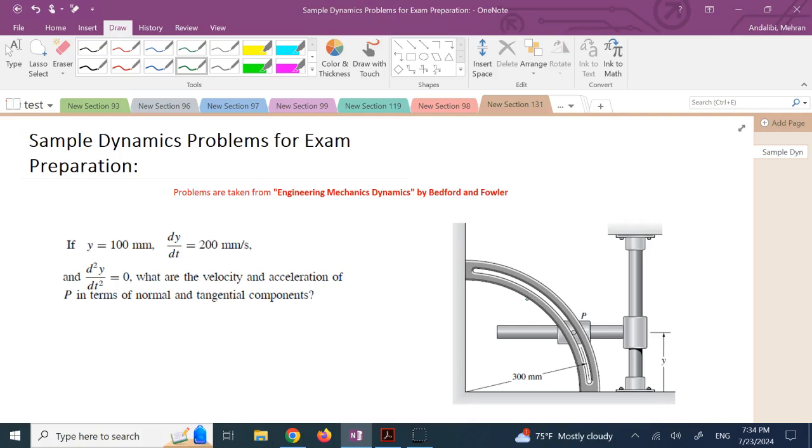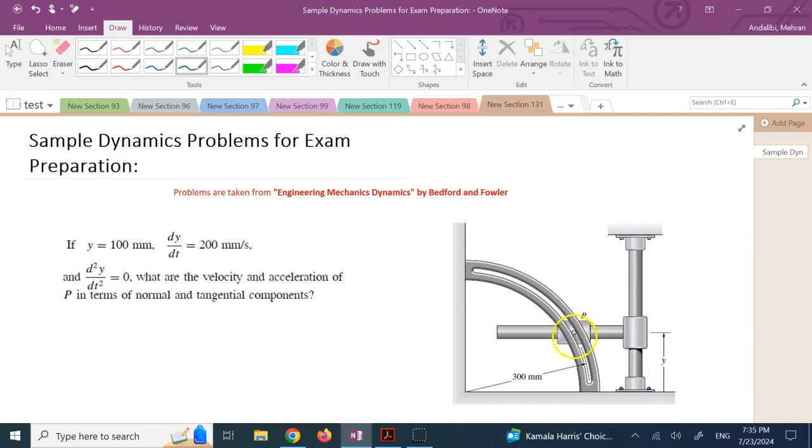So let's get started. The first problem is here: you have this particle P or object P, which is like a small knob attached to a slider that moves inside this semicircular slot, and this slider P is also on this horizontal bar which is attached to this vertical slider, and that can also go up and down.